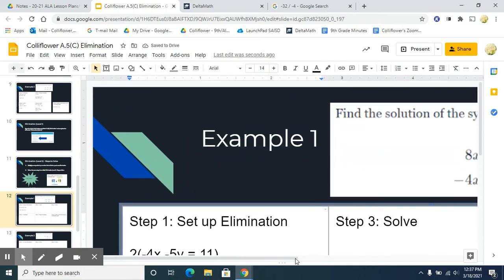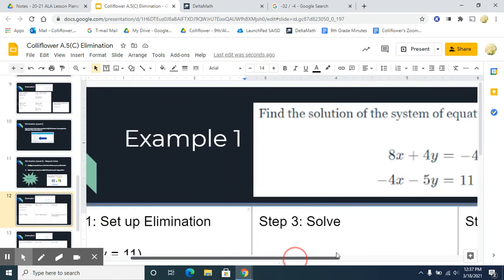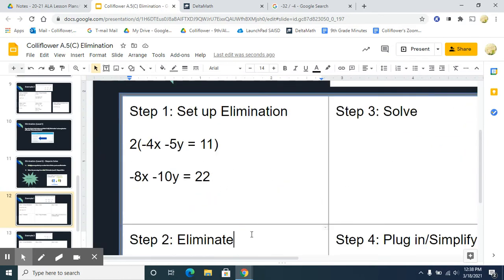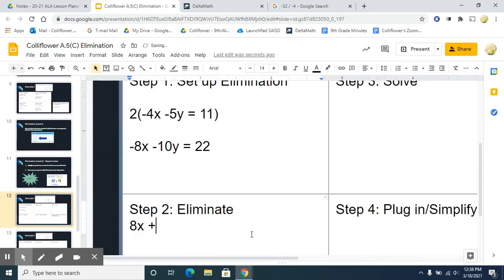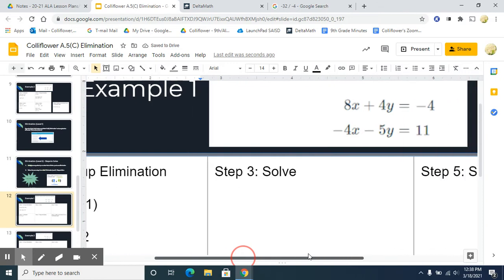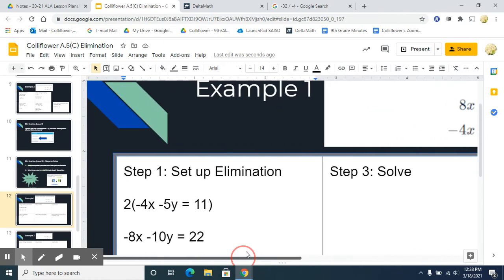Now I can use elimination. So I'm going to take my first equation, 8x plus 4y equals negative 4.